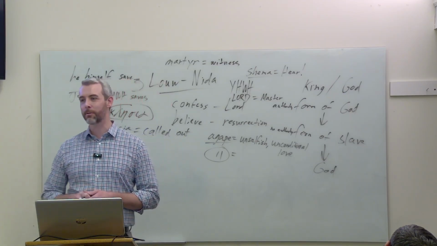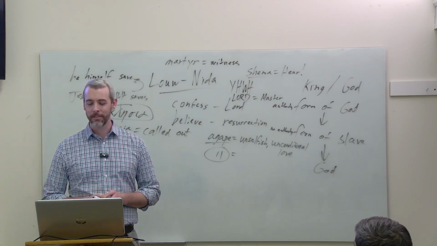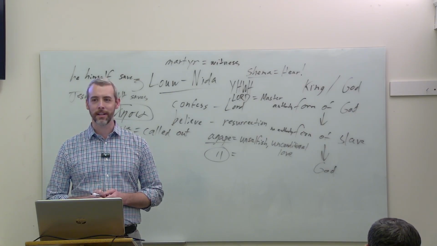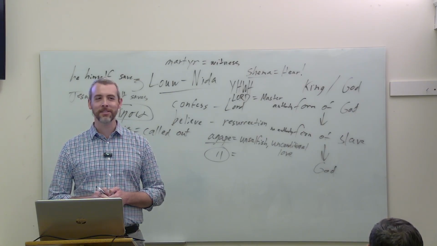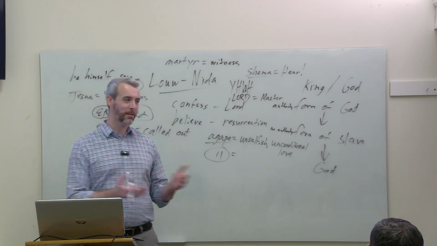Or the verb form is used in the Septuagint in the Old Testament. Does anyone know what 2 Samuel 13:1 is talking about? Oh yeah. Amnon's unselfish, unconditional love for Tamar. That's the word.